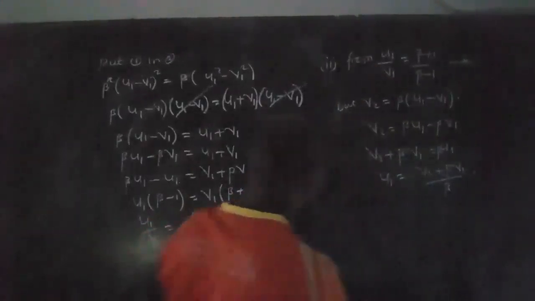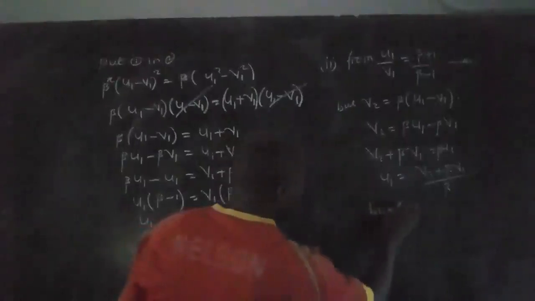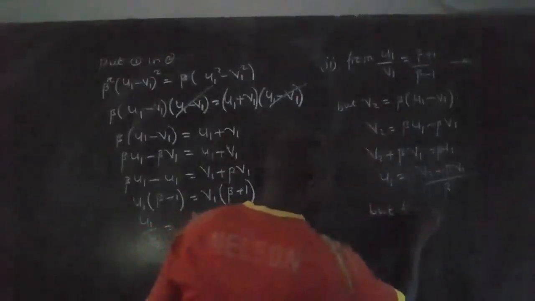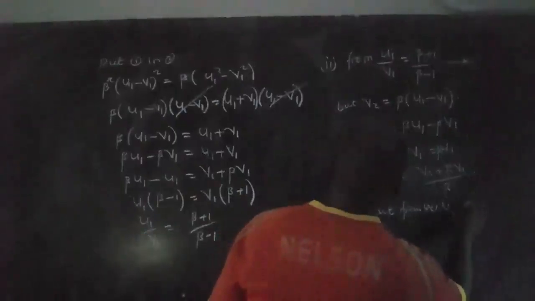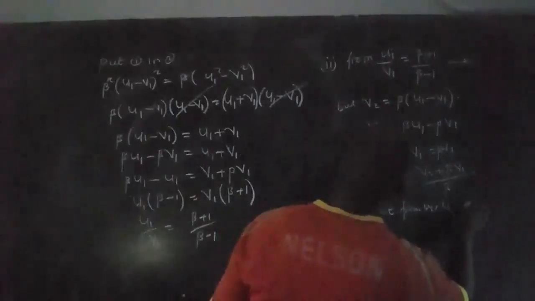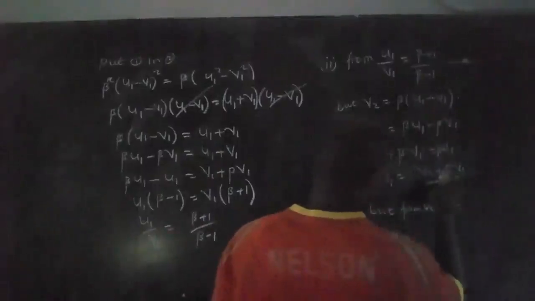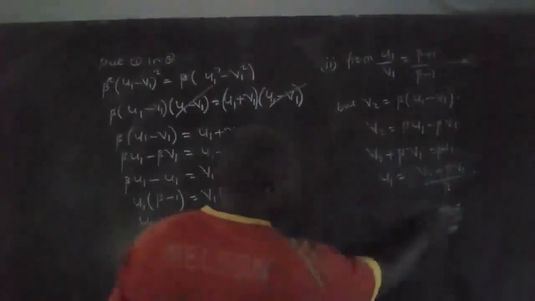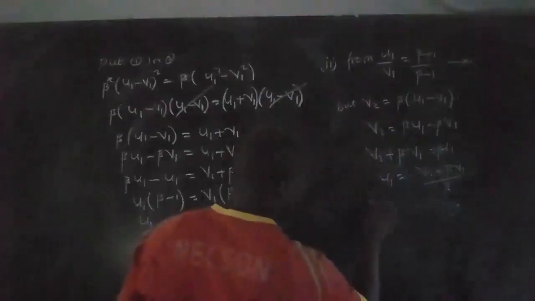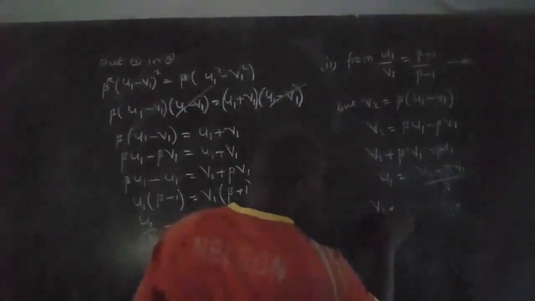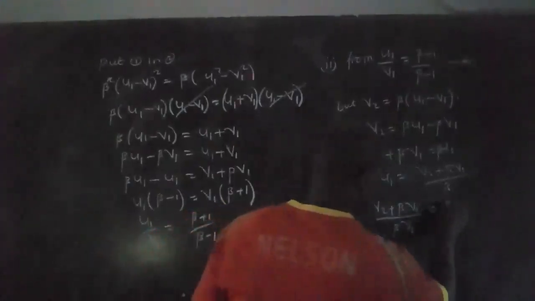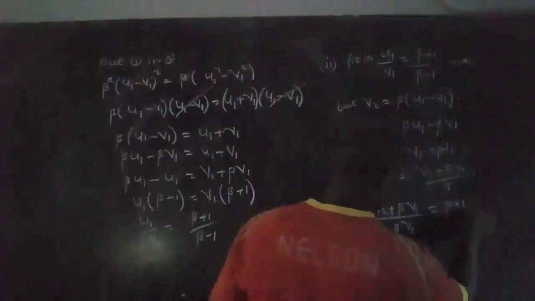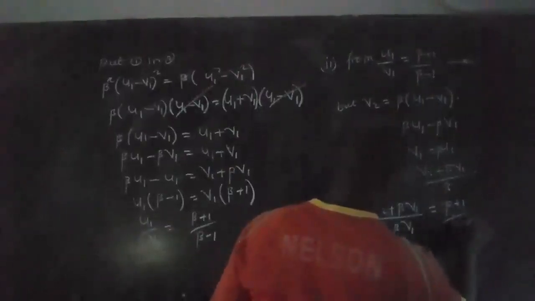But our u1 is what? But our u1 from star will become, we substitute, or I can get this one and substitute there. So I can say that v2 plus beta v1 over beta v1 now is equal to beta plus 1 over beta minus 1.